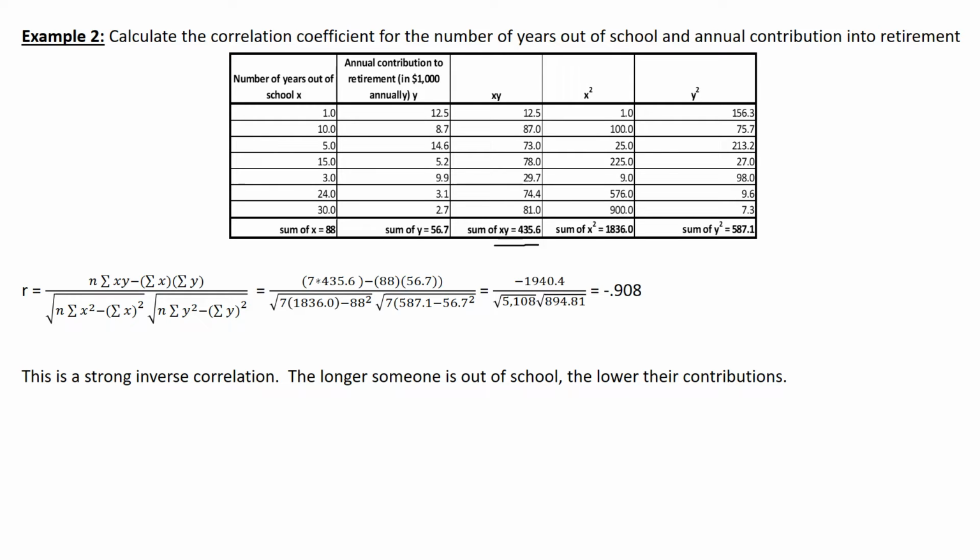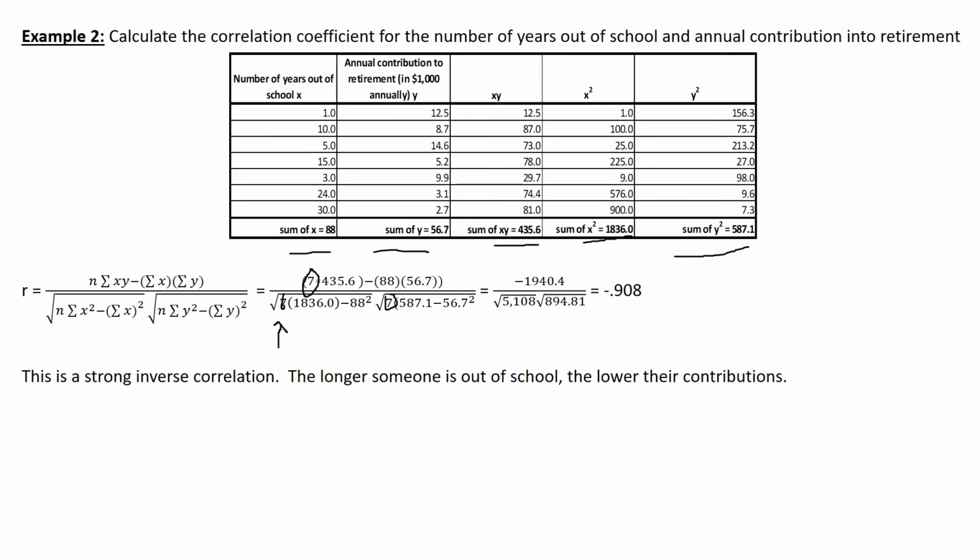Sum of x squared, well, 1 squared is 1, 10 squared is 100. Summing those up, I got 1836, and the sum of y squared is 587.1 when I multiply y by itself and sum all those up. Again, I got all my answers right here in these summations in Excel. And then I just plug it in. You can see my n is 7. I have it in 3 spots here, with my individual summations.